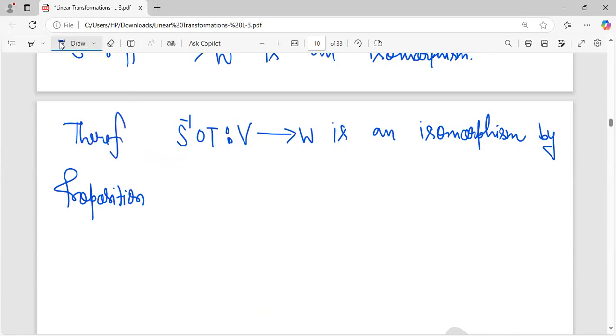Therefore, this is S inverse composed T by the proposition. Hence, V is isomorphic to W.